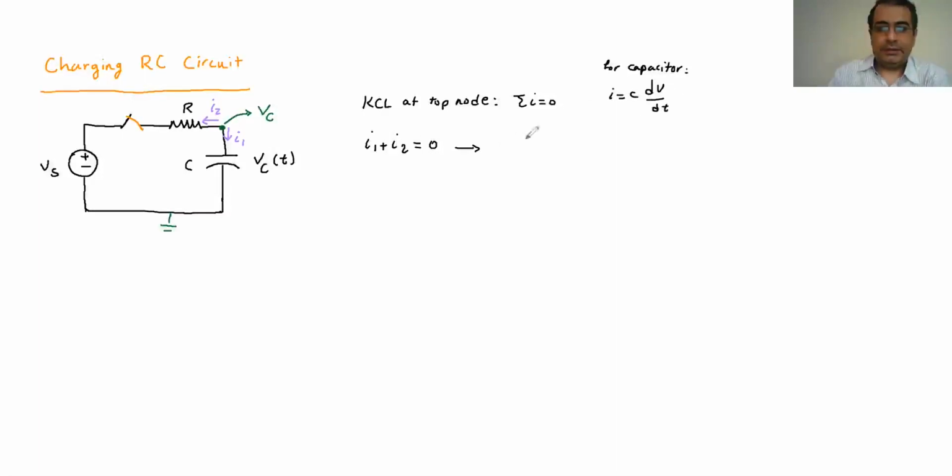So I'm going to replace that here and write C dV over dt. That's the I that goes through the capacitor. And the I2 goes through the resistance like before.